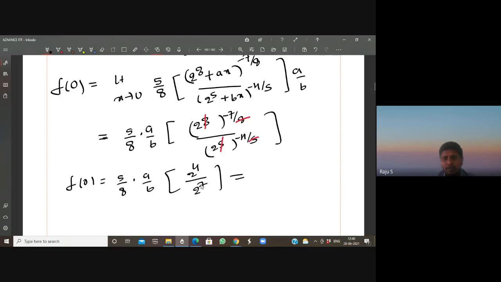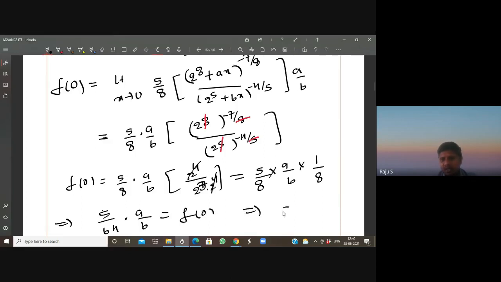The 7 can be written as 3 plus 4, so these two get cancelled. 2 cube is 8. So 5 by 8 into a by b into 1 by 8. Now this can be written as 5 by 64 into a by b is equal to f of 0.